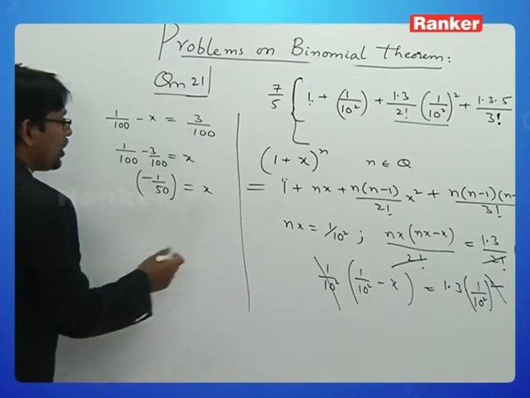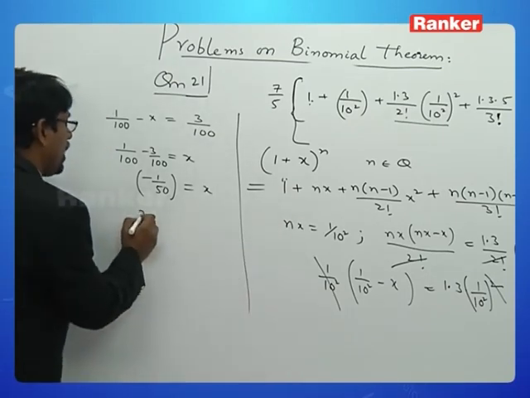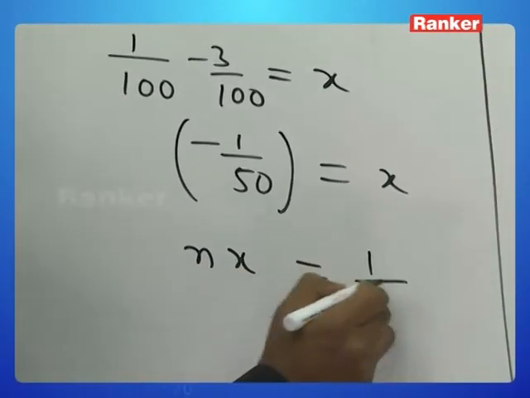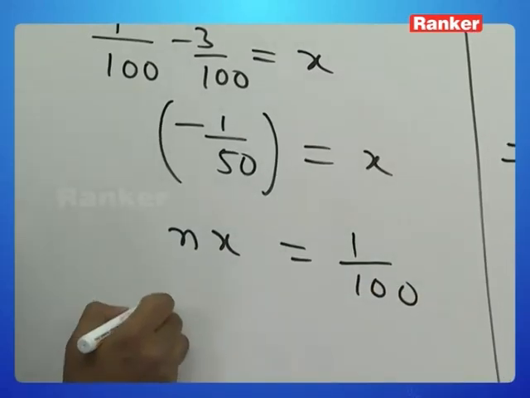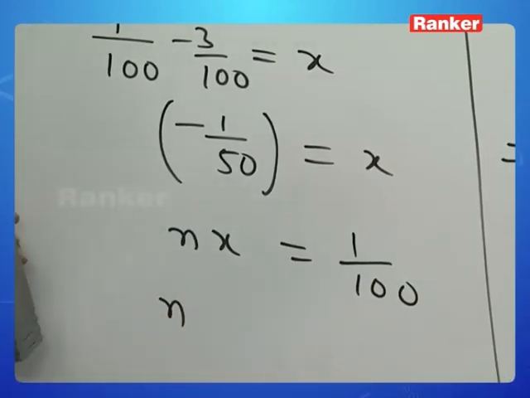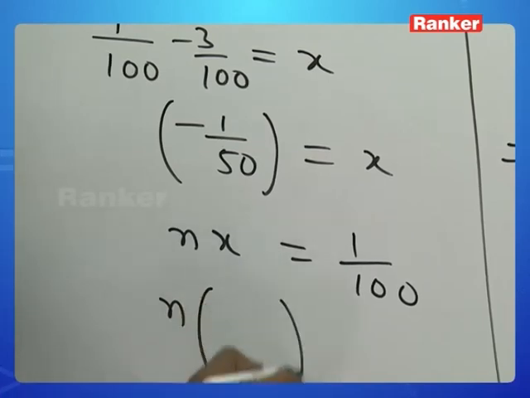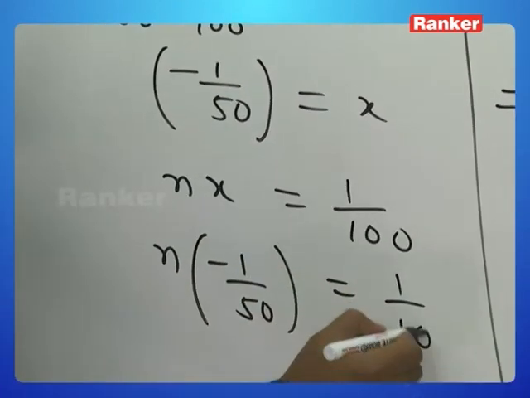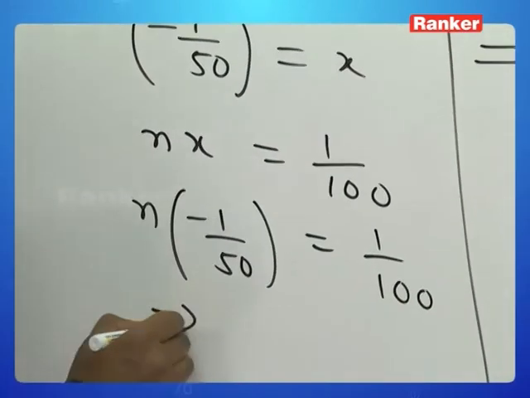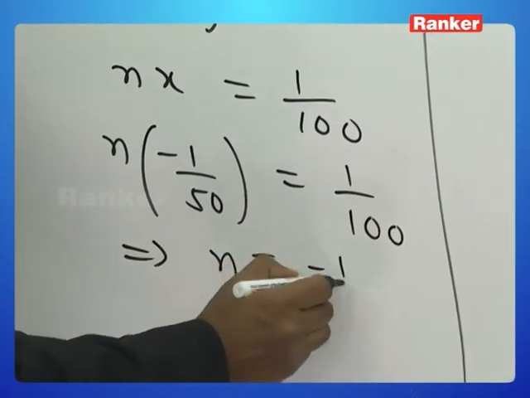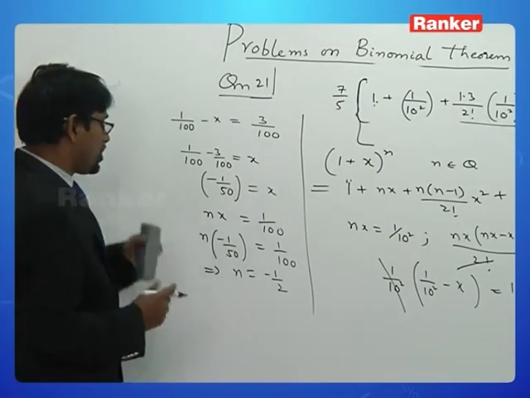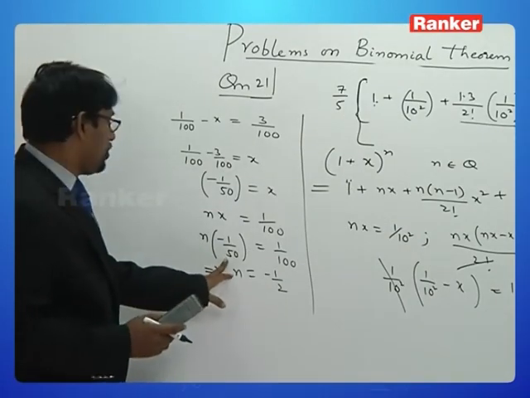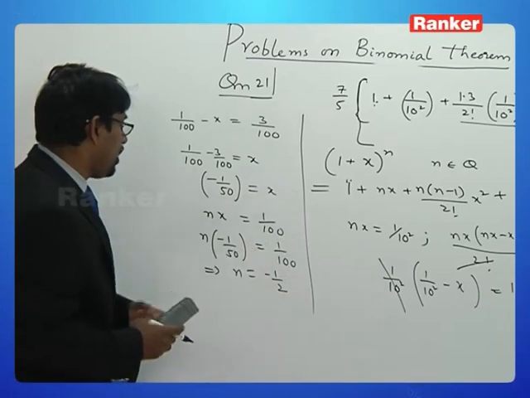But what did you know about nx? Nx was 1 by 100. So, n into, in place of x, minus 1 by 50, that is equal to 1 by 100. Now, clearly this implies n is equal to minus 1 by 2, because minus 1 by 2 multiplied by minus 1 by 50 will give me 1 by 100.